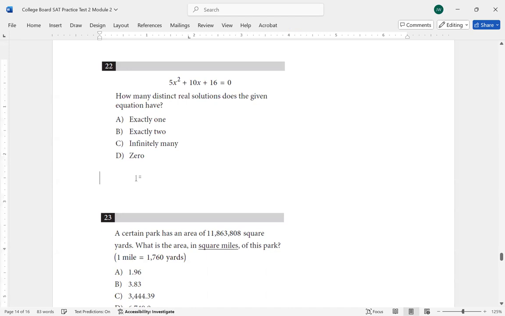Question 22 asks, how many distinct real solutions does this equation have?